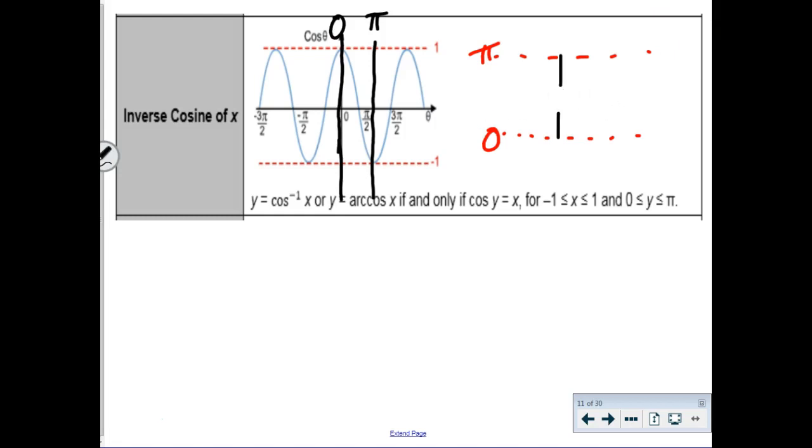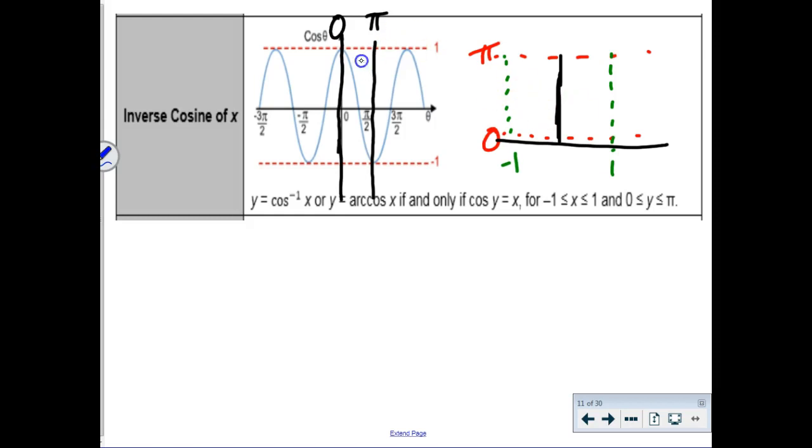That was stupid of me. My bad. Okay, 0 to pi. There we go. And then the range of cosine is now going to be the domain of arccosine. So instead of negative 1 to 1 for range, that is now my domain. Negative 1 to 1.